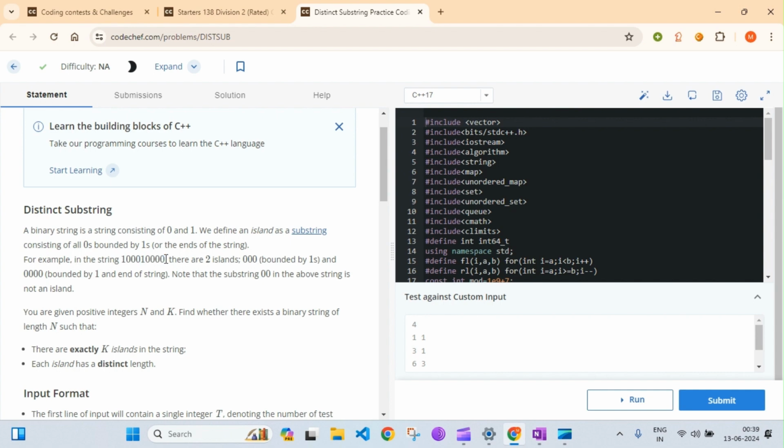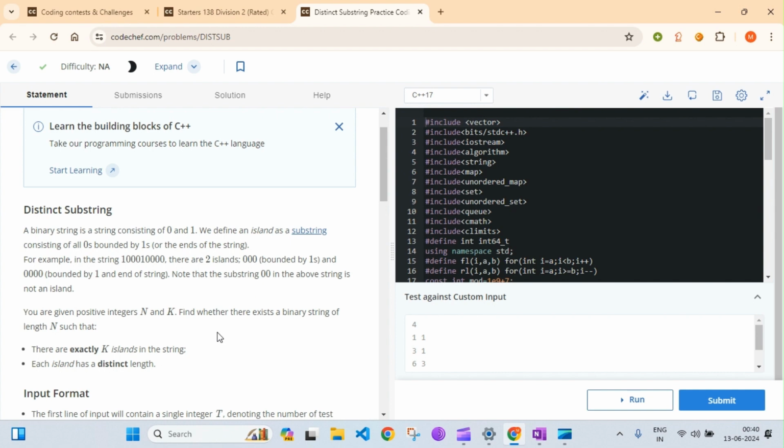Because of this one, and on the other side this island is bounded by the end of the string, right? So either end of the string can be a boundary of that island. Any zeros in between will be considered an island. So what are we given? We are given a string length n and k.